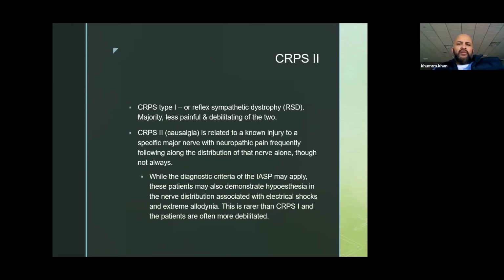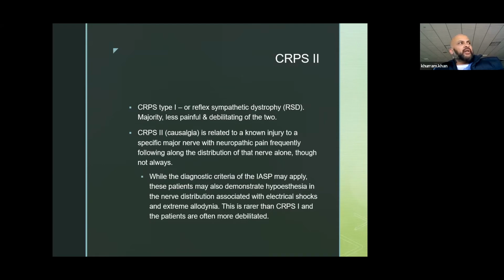So CRPS 1 is called, or has been called, reflex sympathetic dystrophy. There is no injury to the nerve which can be identified. That's how the current division is. It might end up changing in the future, but currently, if you cannot identify one or two specific nerves, and it's just like, yes, I had some type of injury and now I have CRPS, that's called CRPS 1, or RSD.